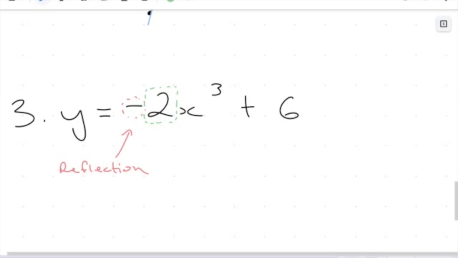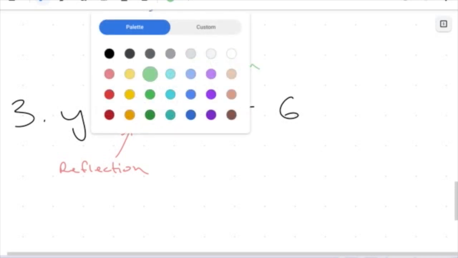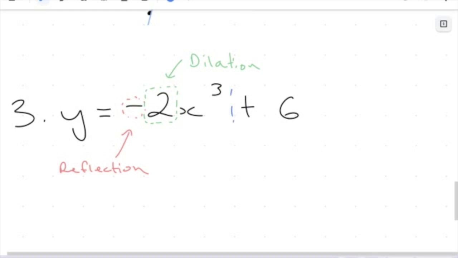It makes it either narrower or wider as well. So it affects the growth with which the y shoots up. This is called a dilation. And finally, the effect of adding this number at the end here becomes our translation.